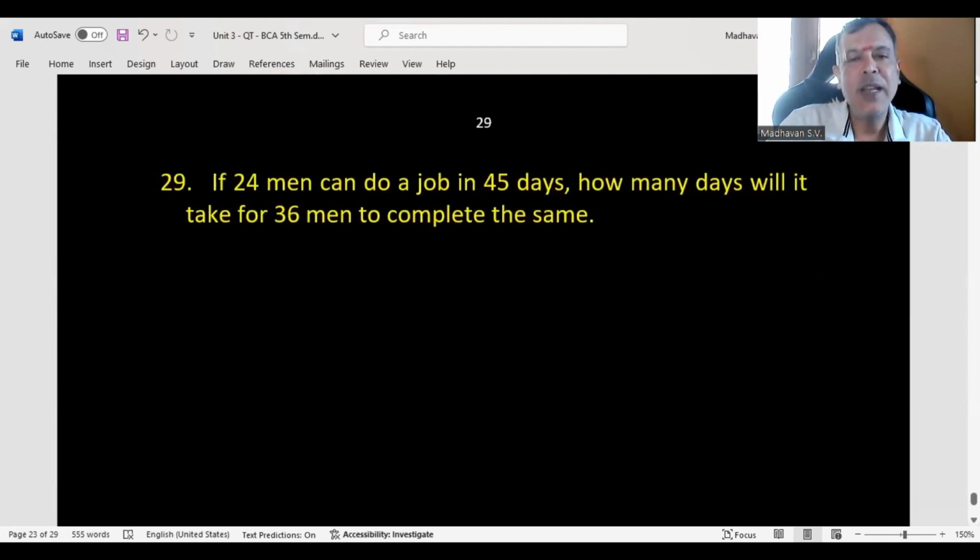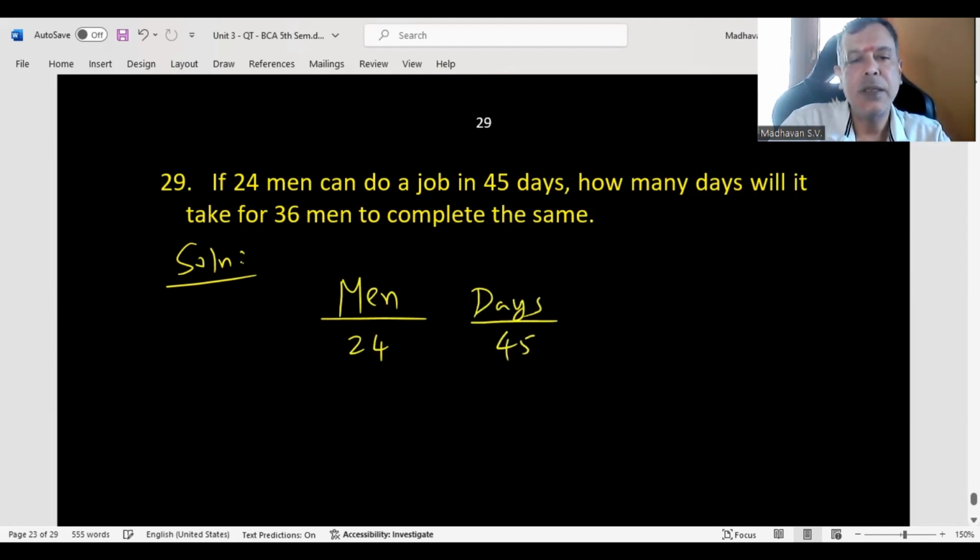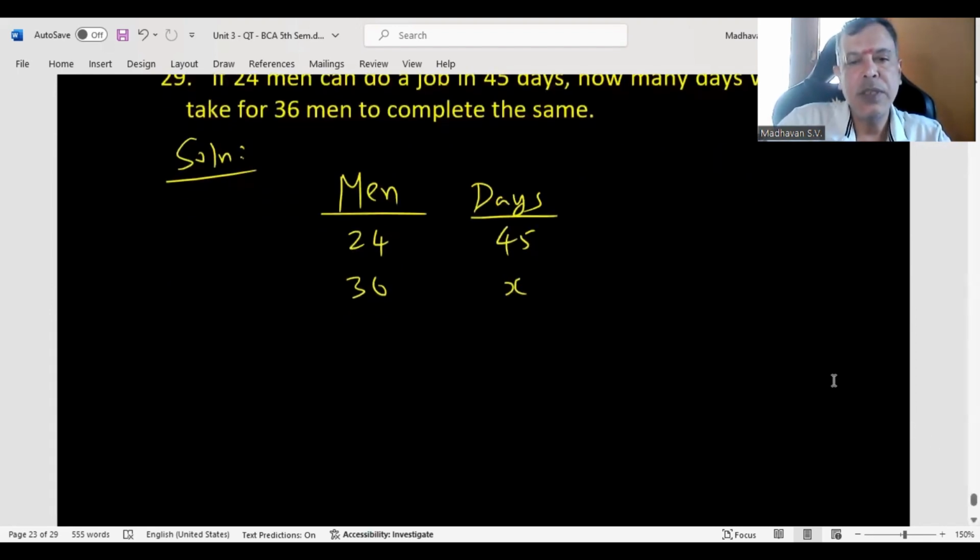If 24 men can do a job in 45 days, how many days will it take for 36 men to complete the same job? Means men 24. How many days they are completing given? 45 days. And 36 men will consider it as X. So this can be written in the form of a ratio because these two are inversely proportional.